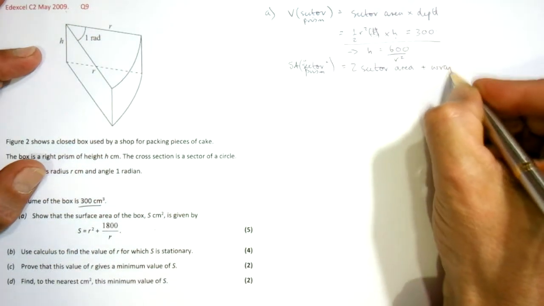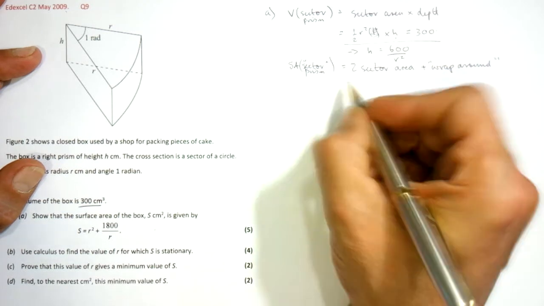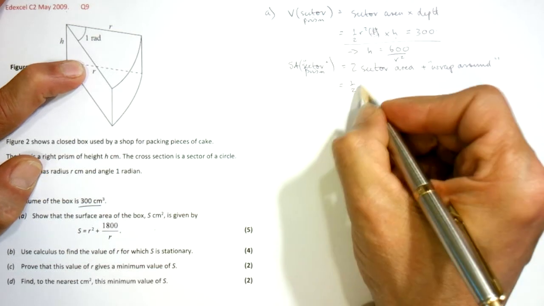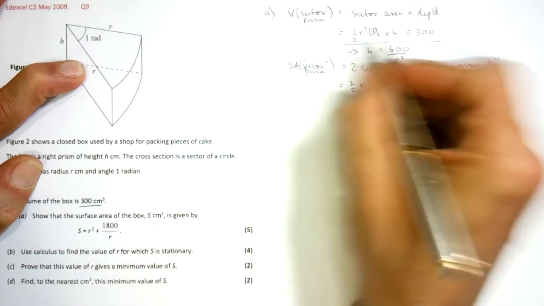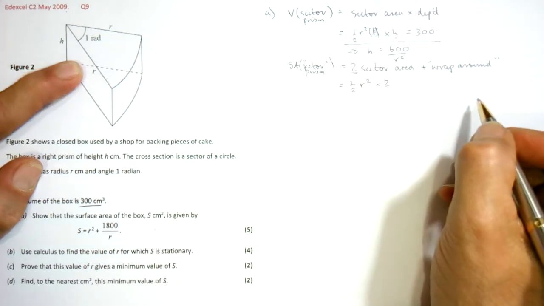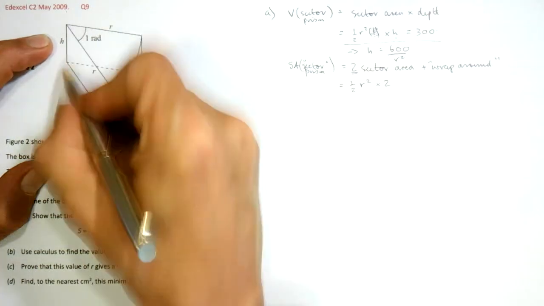So I call that the wraparound. The sector area is half r squared, as we found there, so we're going to double that one. And then the wraparound is r times h, this rectangle here.